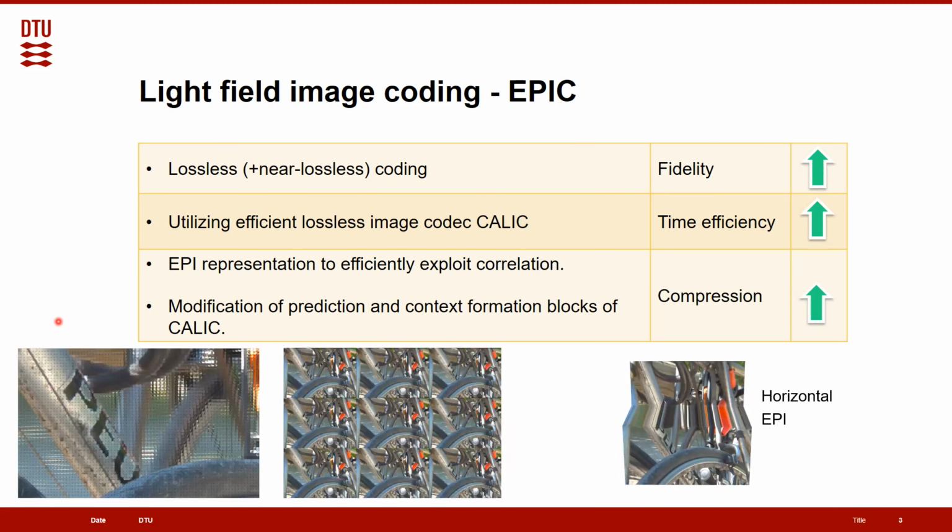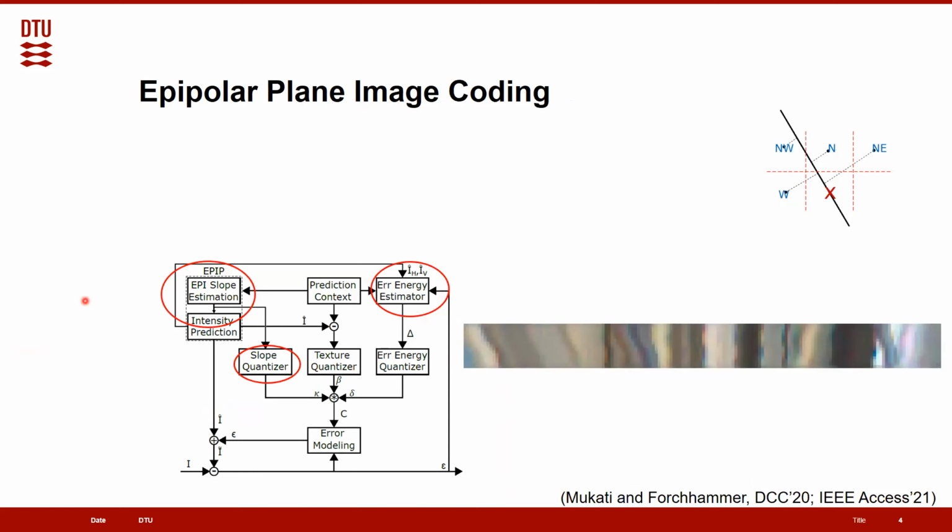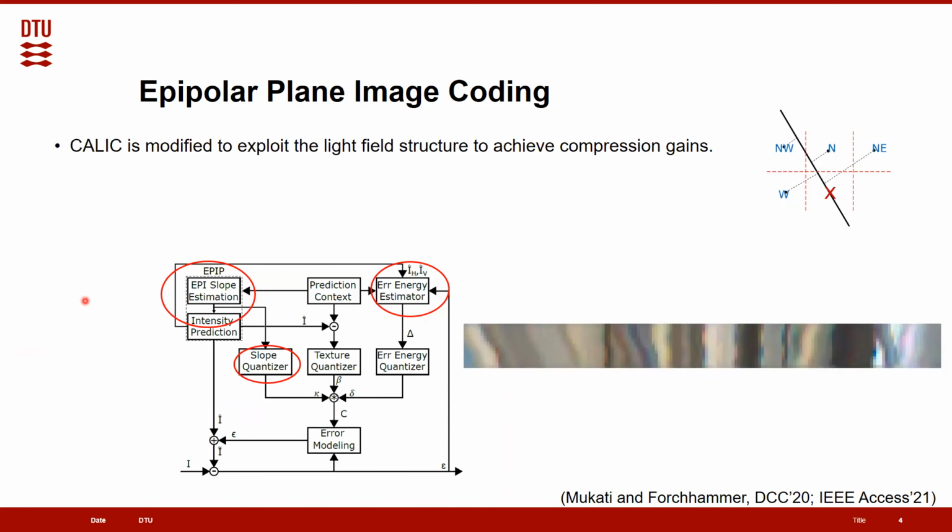And of course, the EPIs are a different representation, or imaging, of the 4D light fields. Maybe more common are the micro images and sub-aperture images. Okay, but just briefly for the coding, we start out with Calic, as reflected in the block diagram.